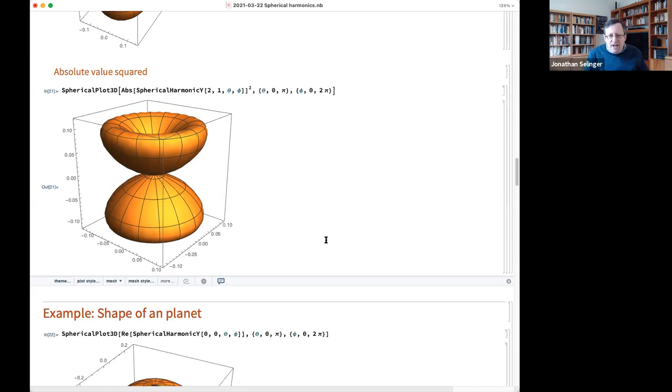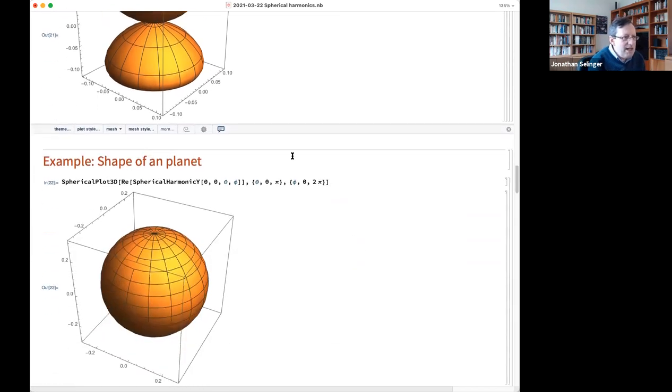So they say, well, how is it distorted from a sphere? Right? And spherical harmonics would be a great way to do that. So instead of just trying to make up words and say, well, it's kind of shaped like a pear or something, you could describe it quantitatively with spherical harmonics.